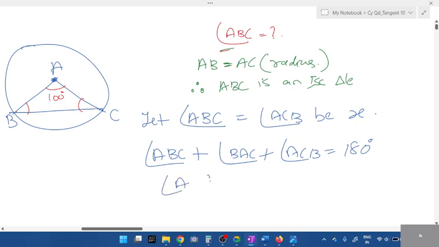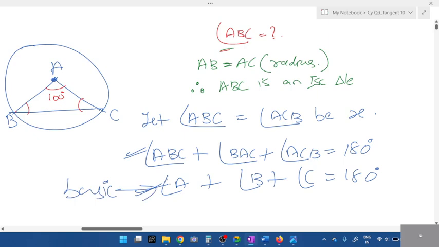You can write either of these, not a problem. Both are the same. That's the reason I'm teaching. See, this is also fine, both are fine. But this is the basic, students. This is the basic of how you have to start learning angles. Once you learn this, you should know how to write it in this way.